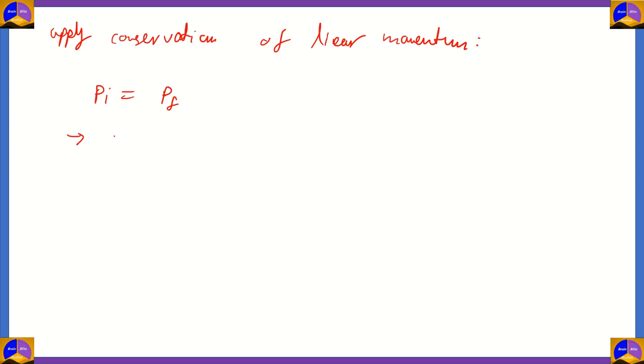So mass capital M has a velocity u, but the mass small m was at rest, so that is small m times 0. That is the initial momentum, and in final momentum we have capital M times capital V plus small m times small v. I mean, uppercase M times uppercase V plus lowercase m times lowercase v.